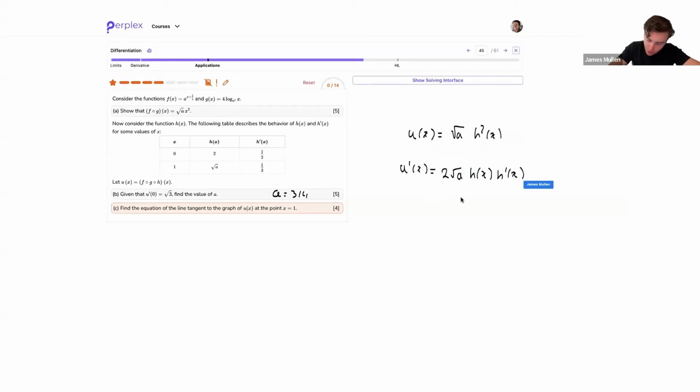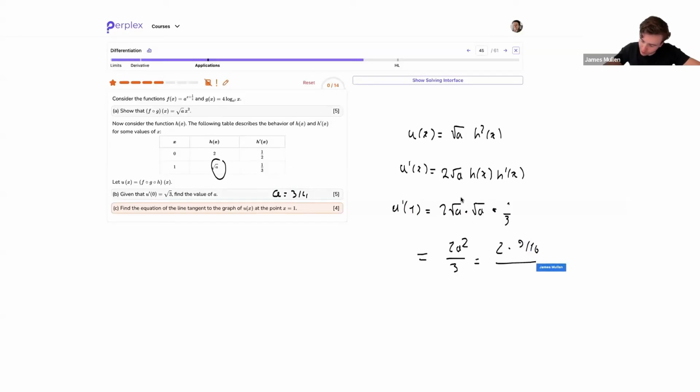Okay, and so u prime of 1 is equal to 2 root a, and h of 1 is root a, so that times root a again, and then times h prime of 1, which is 1 over 3. And this becomes 2a squared over 3. And I know that a is 3 over 4, so this becomes 2 times 9 over 16 over 3, which is 9 over 8 over 3. That is 3 over 8.